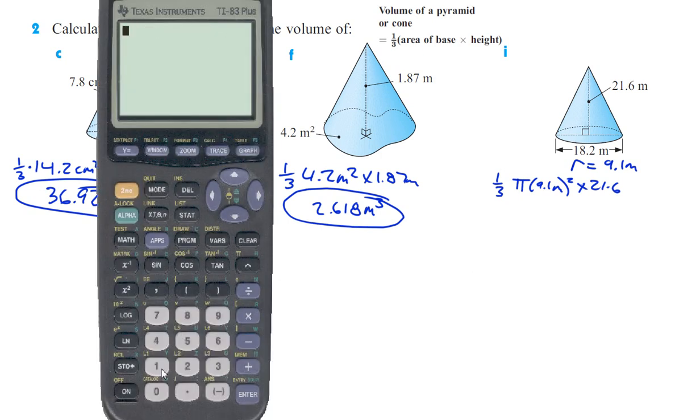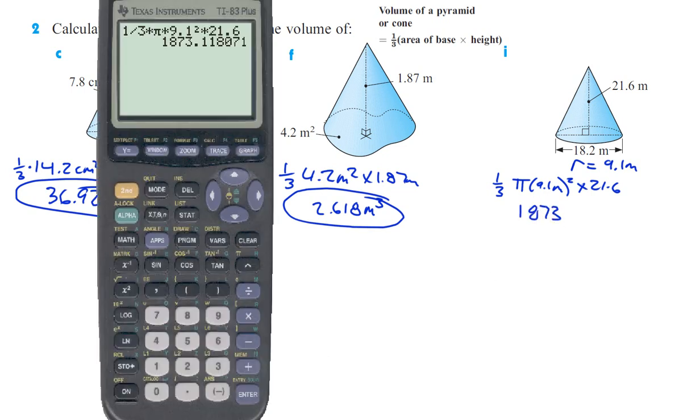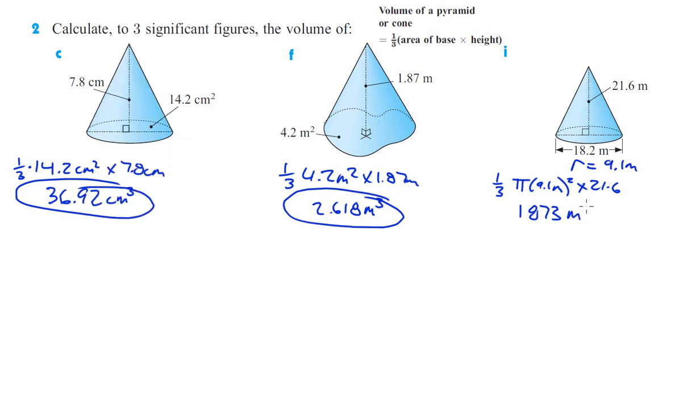So 1 divided by 3 times pi times 9.1 squared times 21.6. It's 1873.1, so let's just go with 1873, and that's meters cubed on that one. Okay, let's move on to the next problem here.